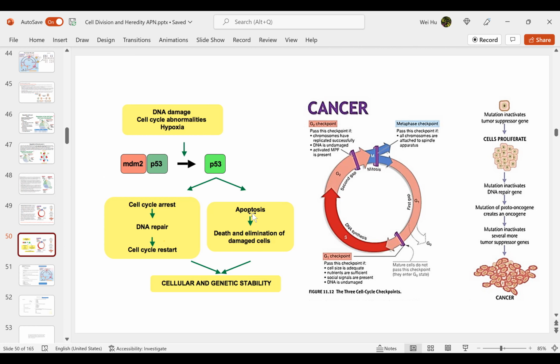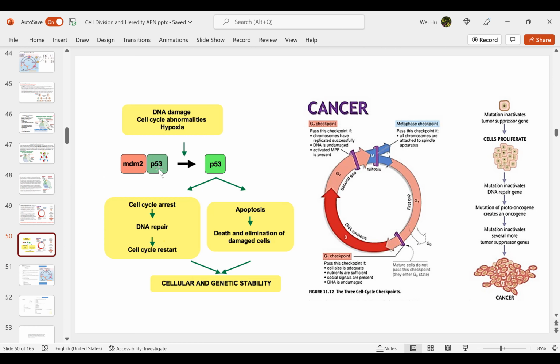Otherwise, it will ask you to kill yourself: apoptosis. From these two ways, they control that you have normal cell division. If you add another factor, it may regulate p53, so that you can modify it.